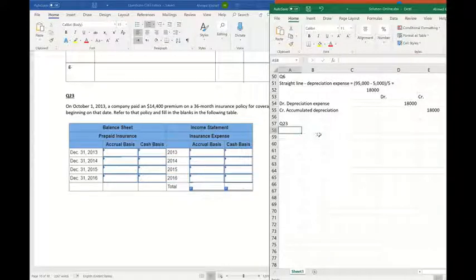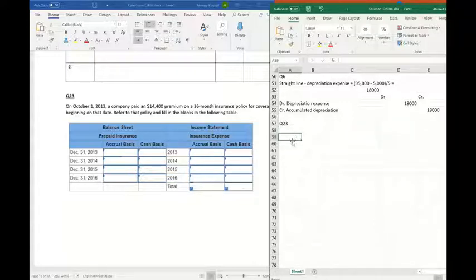So the first column here is about accrual basis and the impact on balance sheet, and the second column is cash basis and the impact on balance sheet. Okay, and the third column is about accrual basis and the impact on the income statement, and the fourth column is cash basis and the impact on the income statement.